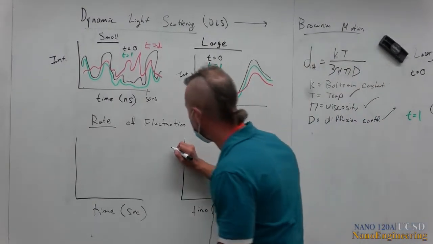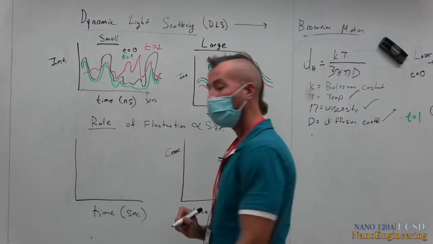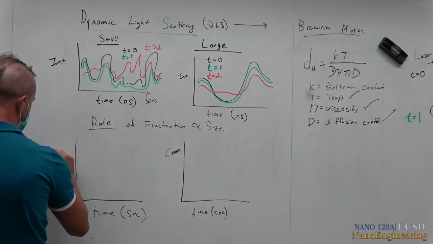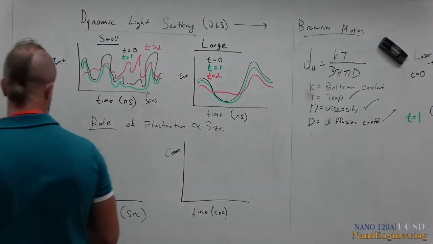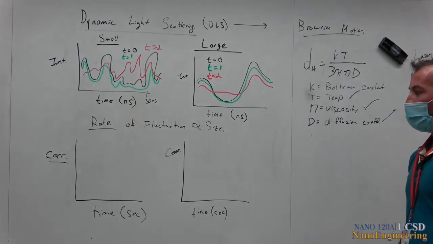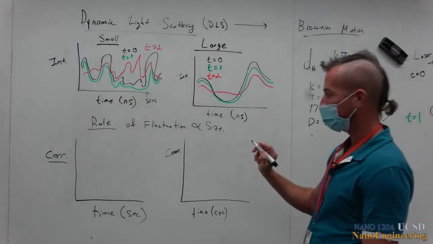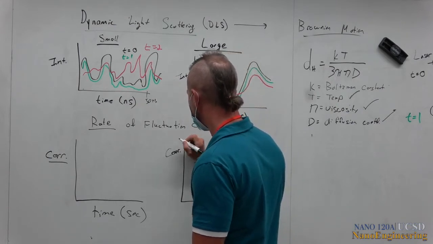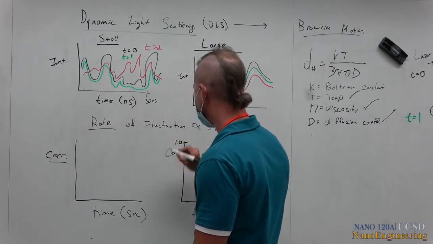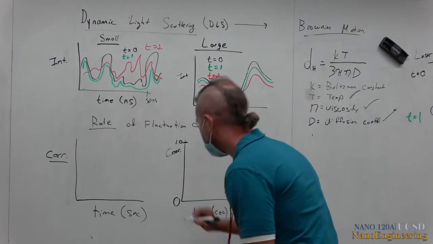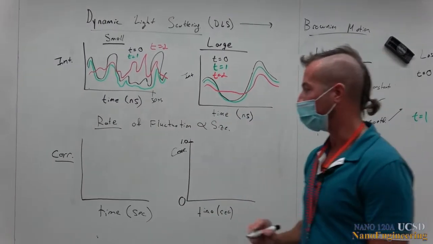I'm going to plot the correlation. So remember earlier I said the correlator is a part of that block diagram. And so if these things were perfectly correlated, it would have a value of 1. And if they were perfectly uncorrelated, it would have a value of 0.